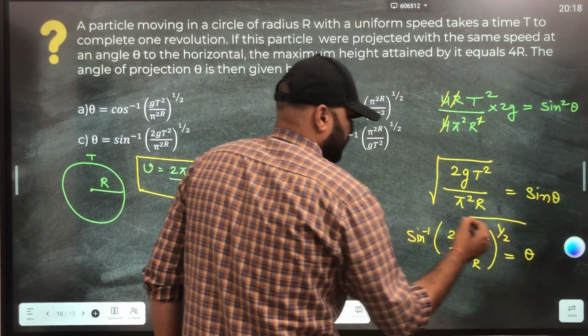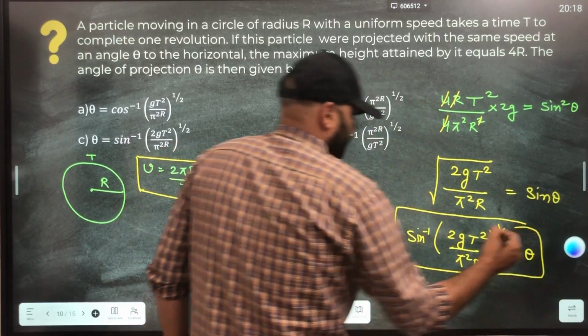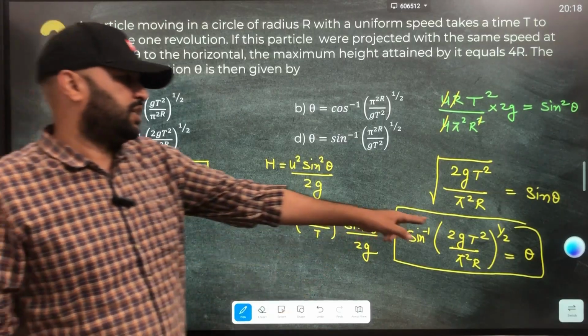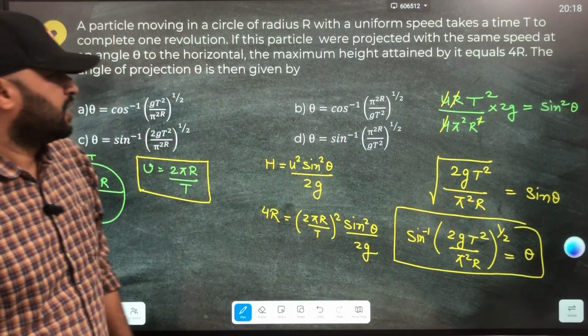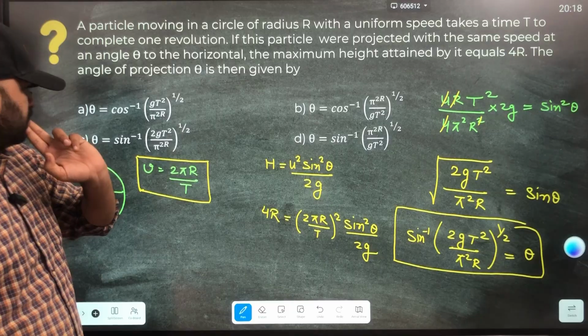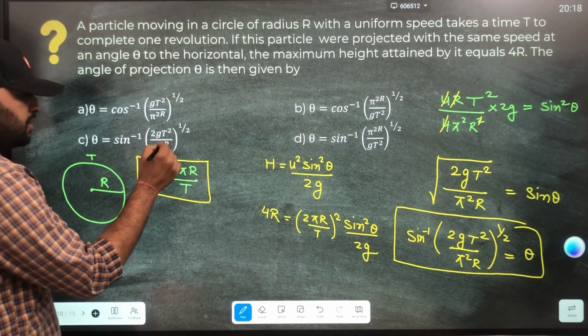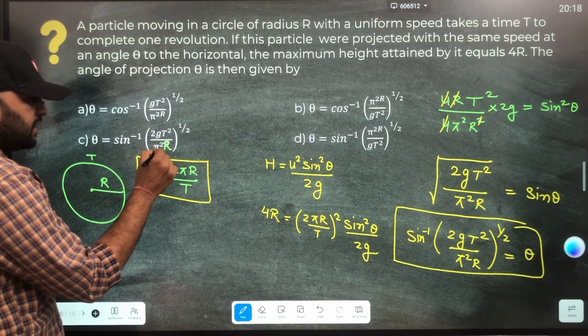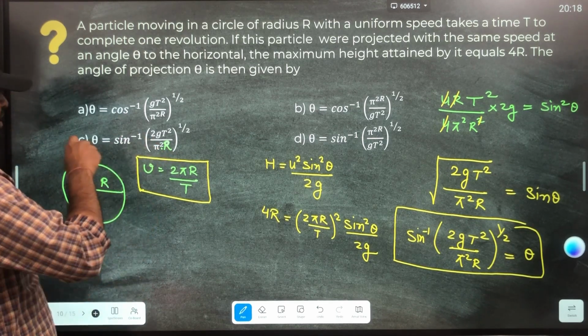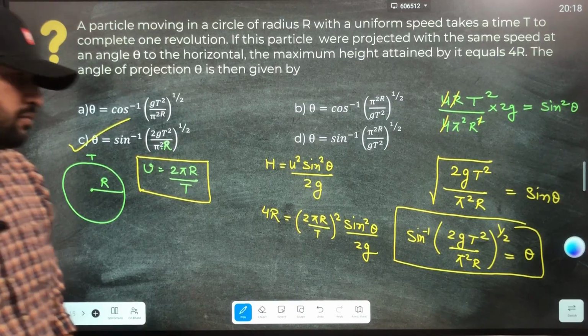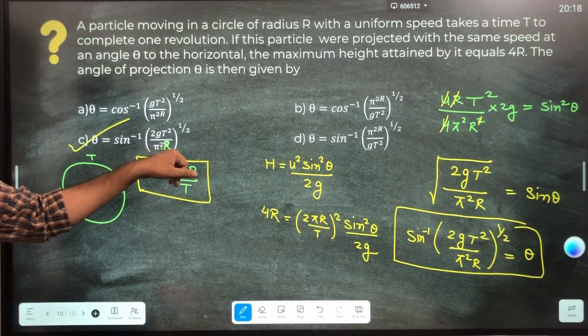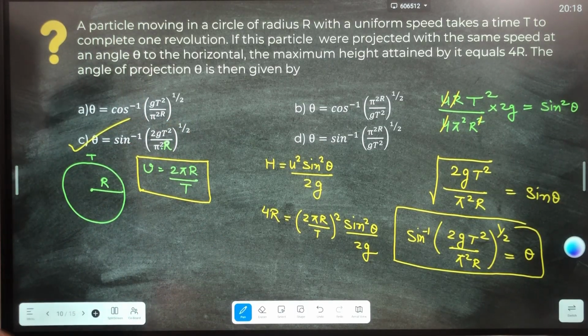We have discussed it before, right? From inverse trigonometry. So this becomes sine inverse of 2 gt square by pi square r, whole power half. Now this r should not be in the power, it should be properly written here in multiplication, whole power half. So option C is clear. Let's see the next question.